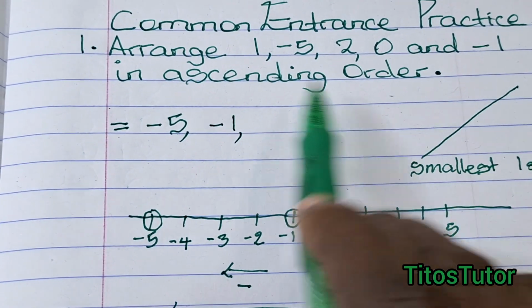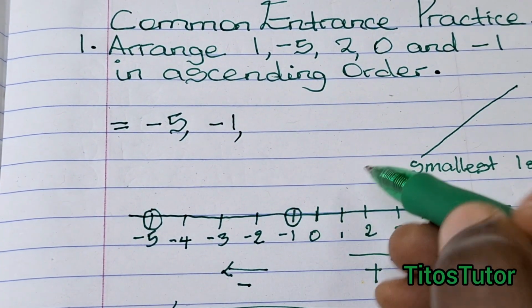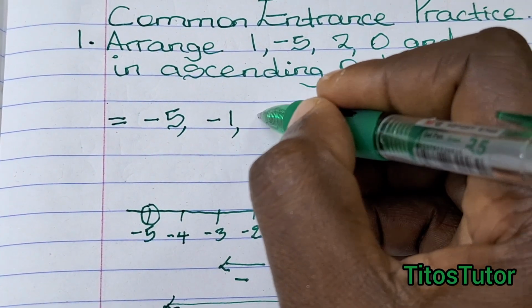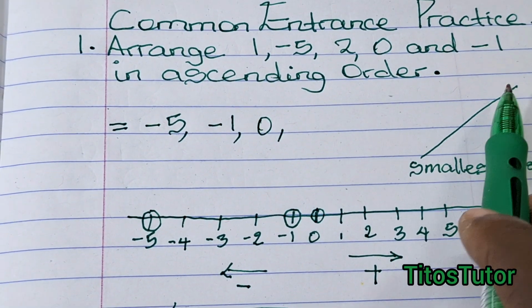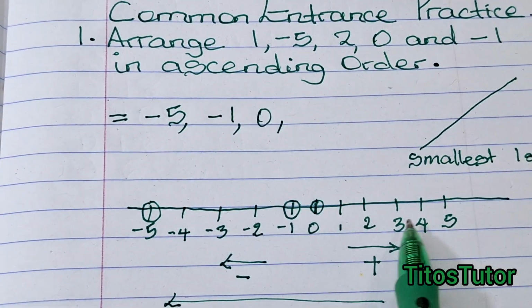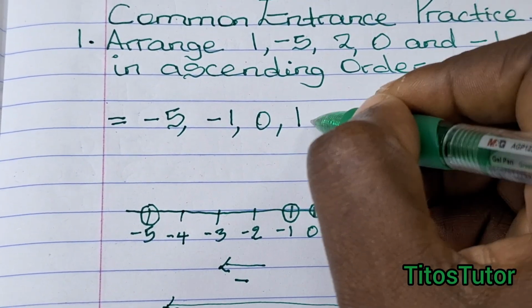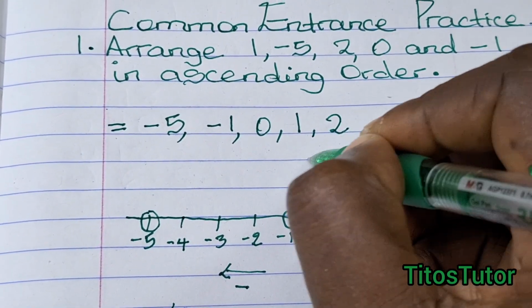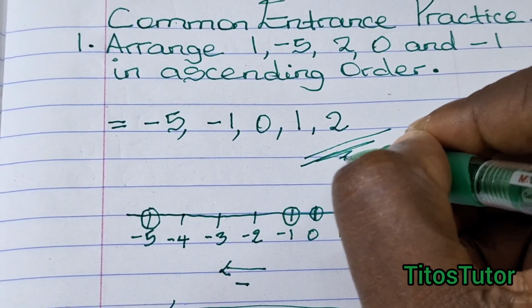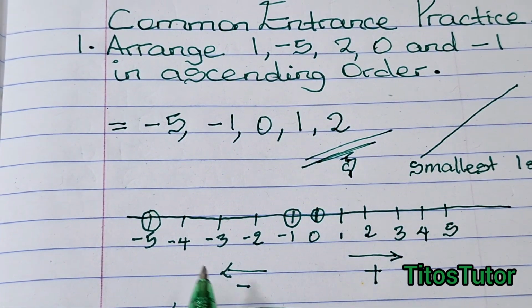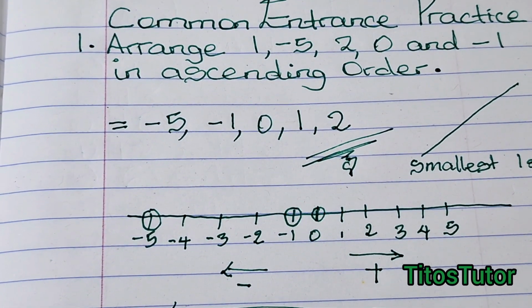I check again. 0 is next. I check again. 1 is smaller than 2, obviously. So 1, and the biggest is 2. So I have arranged my numbers in ascending order.